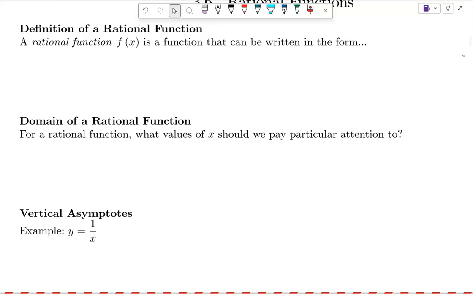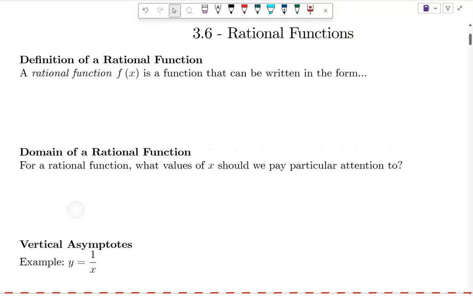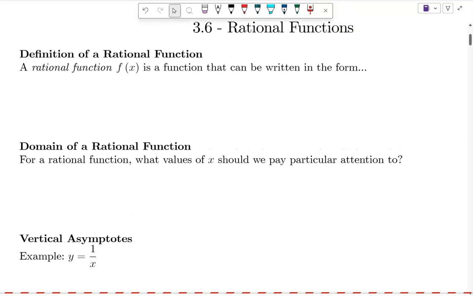This section's all about what we refer to as rational functions. The root word of rational is ratio. So we've talked about rational root numbers in the previous sections because we were making those possible rational zeros, right?